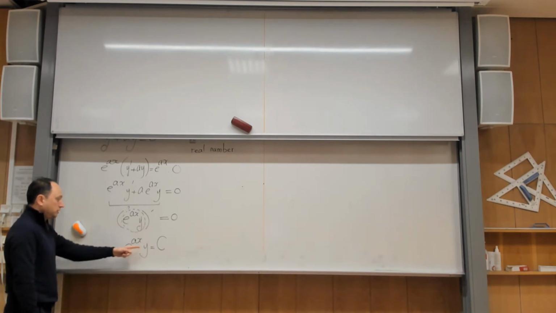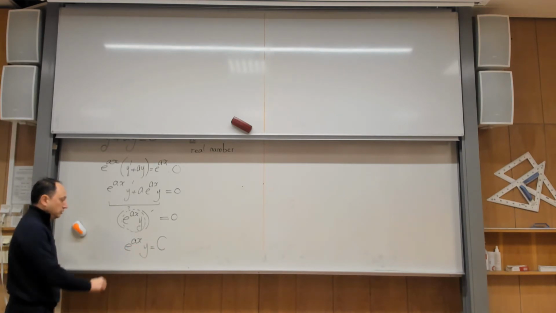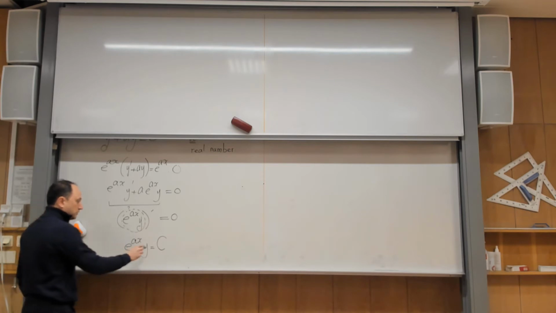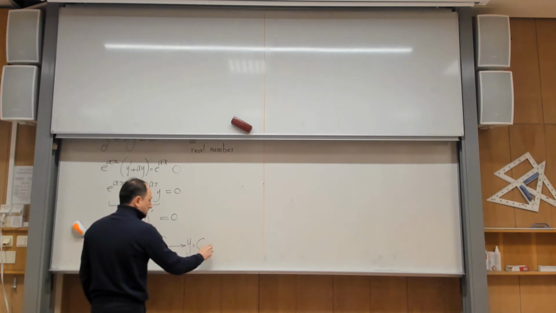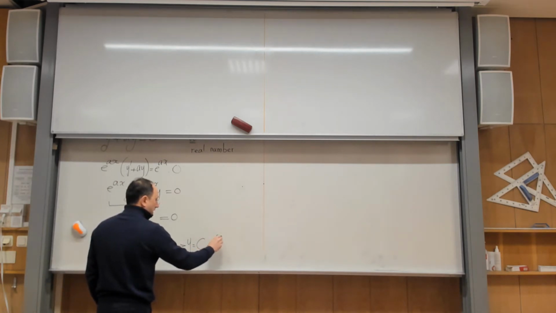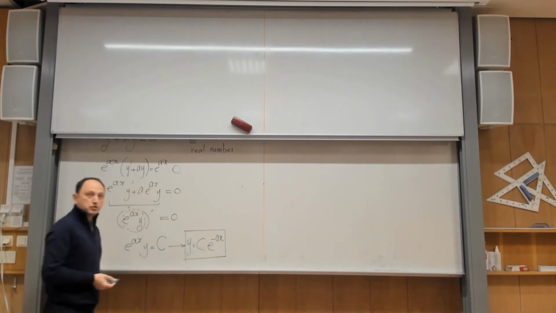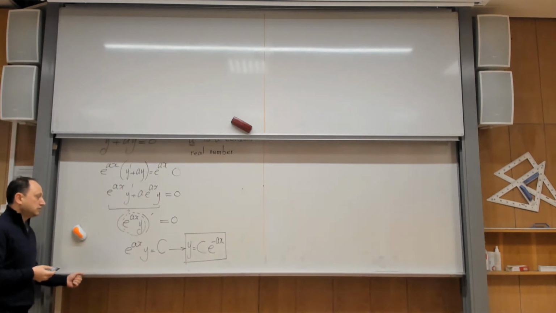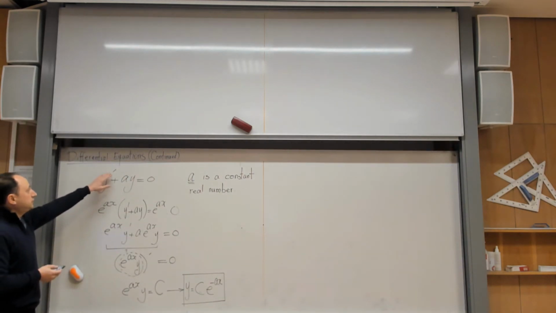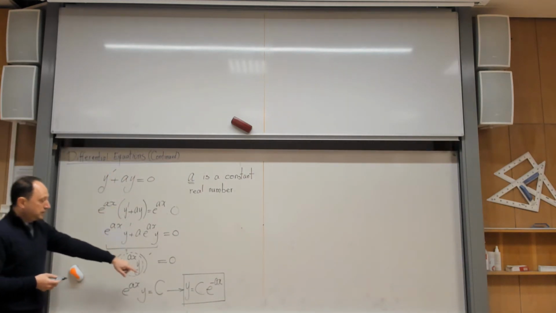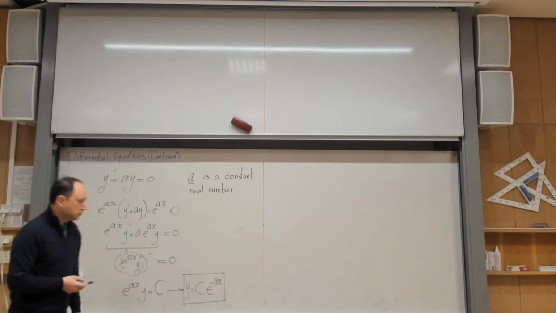And because I am looking for y, I want to make y alone. I divide everything by e to the power of ax, so y becomes c. Instead of putting e to the power of ax in the denominator, it's common to bring it up and make the exponent negative. That is the general solution. By the way, it's a general solution because the equation that I started with is a first-order equation, and how many free parameters are involved in my solution?